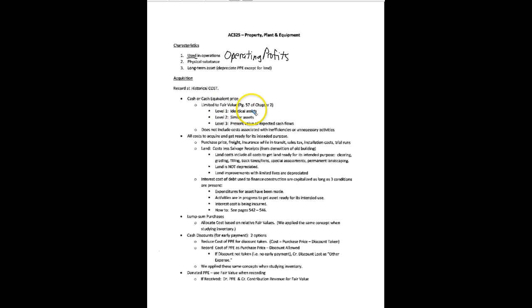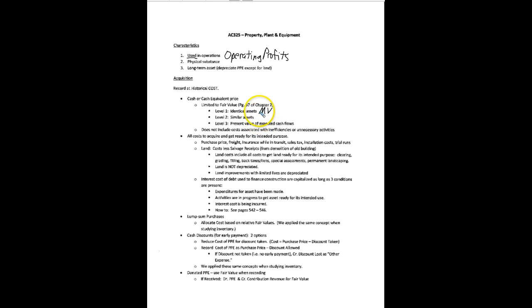If there is an identical asset, and we know the market value of that asset, then that's level 1, and that's the highest priority. Or maybe there's a similar asset, like a used car market value, like the Blue Book for used cars.